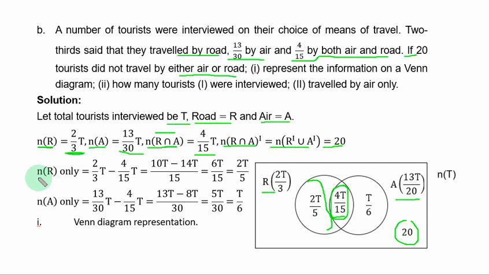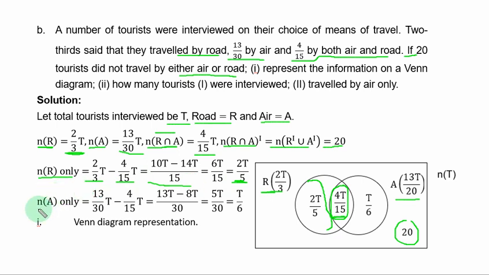So those that travel by road only is those that travel by road minus the intersection. You subtract this, both road and air, from road. That gives only road to be 2T/5 after simplification.